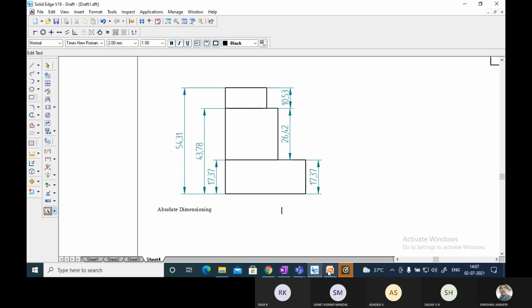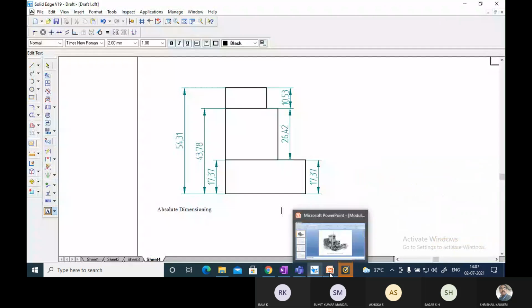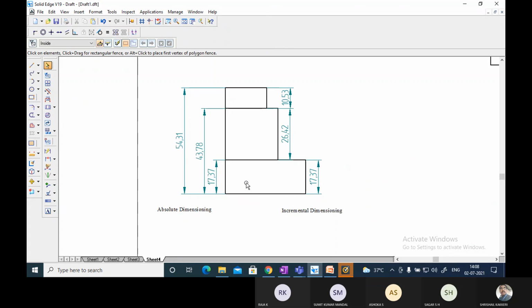One of you please tell me, what is the difference between these two? Anyone able to tell me?